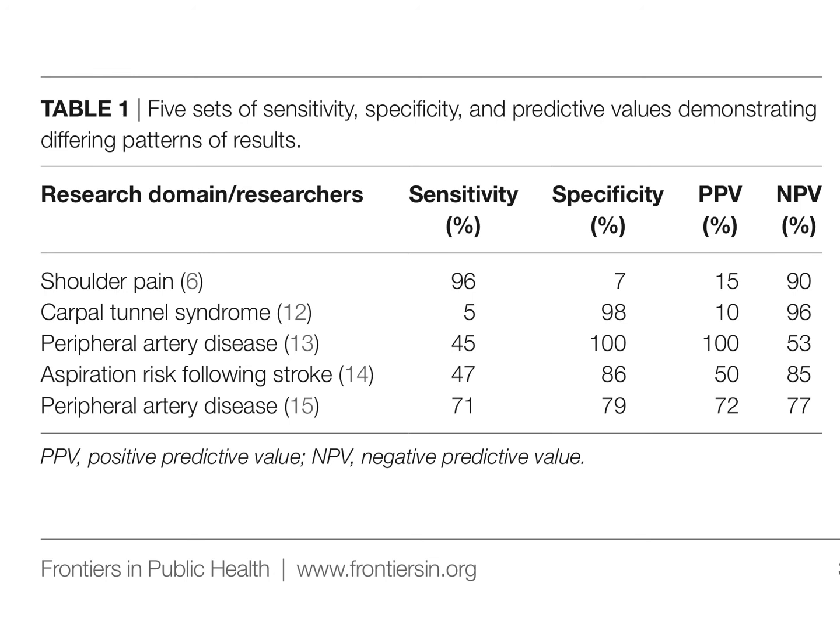For the aspiration risk following stroke, sensitivity is moderate, specificity is very high, positive predictive value about 50%, negative predictive value is very high. And the peripheral artery disease one, the second example, at the bottom of that table, probably is the best performing across all of these parameters. It's got good sensitivity, good specificity, good positive predictive and good negative predictive values.